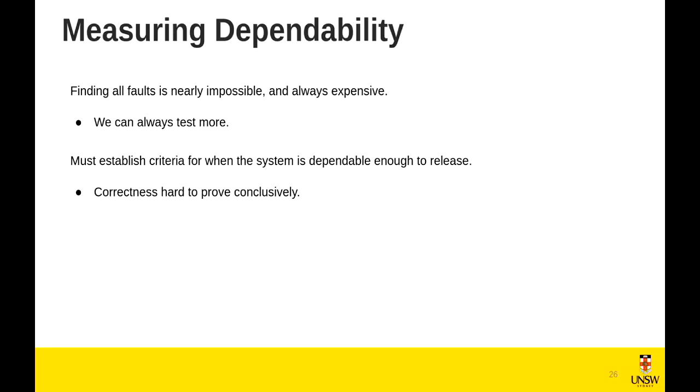We can use some very complex reasoning process like formal verification. We can do that for some small but critical software. But in most cases, we can't guarantee that software is correct.